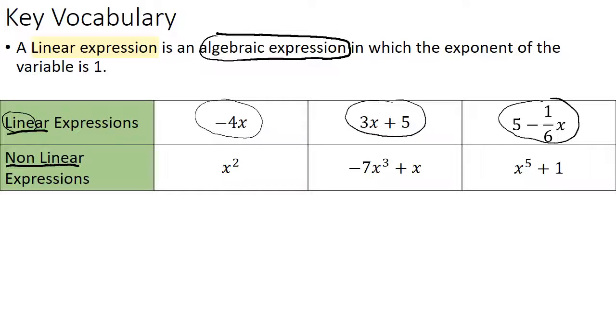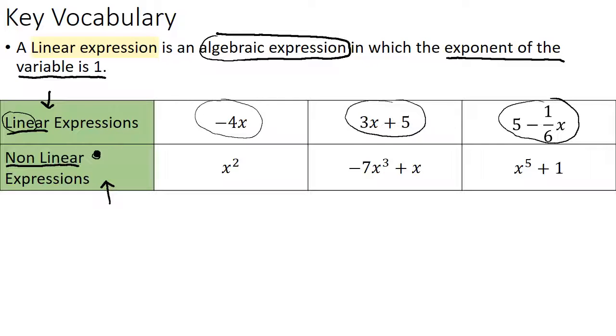Now, what's important to remember is the distinction between the linear expressions and the nonlinear expressions. When we're talking about linear expressions, we have this one very important key right here. The exponent of the variable has to be 1. If it's not 1, then it's not a linear expression. It would be nonlinear.